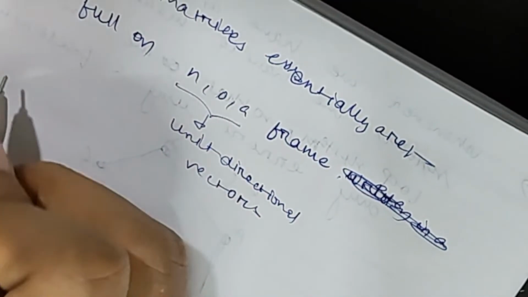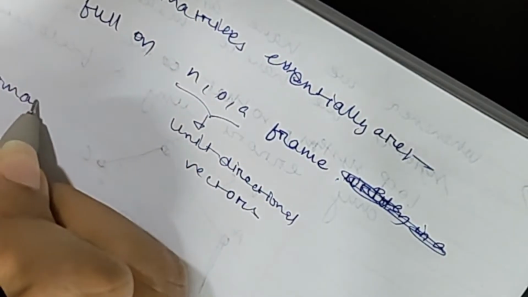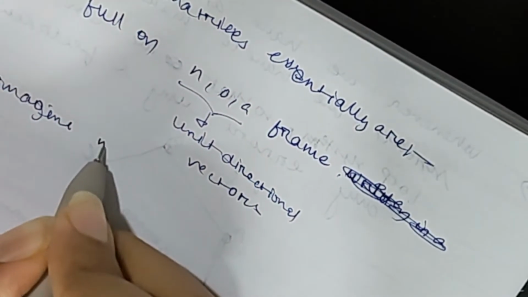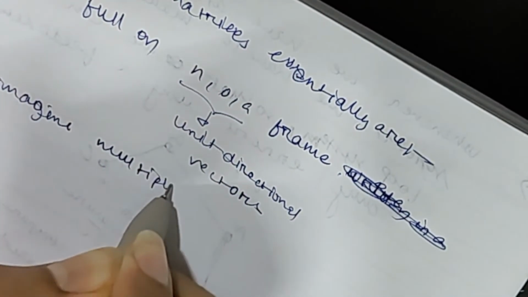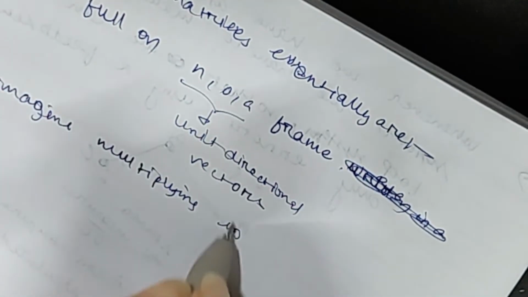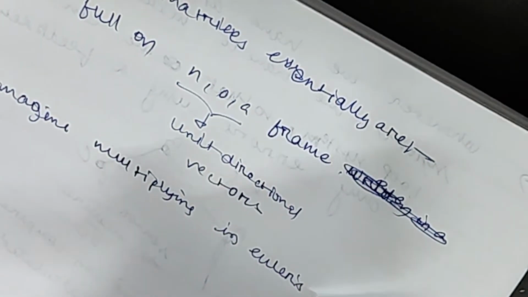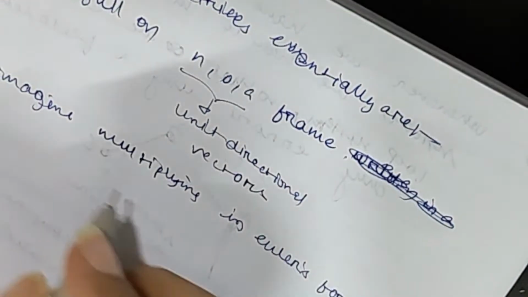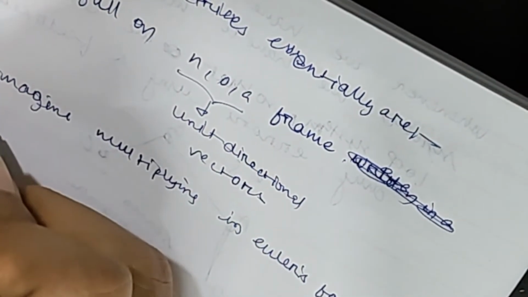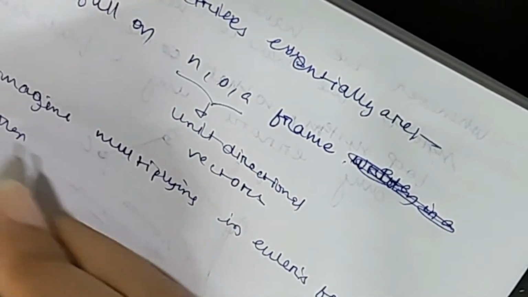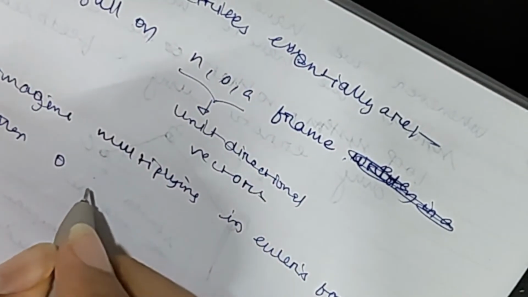And how does that work? Imagine multiplying in Euler's form with theta. The theta changes when multiplied.